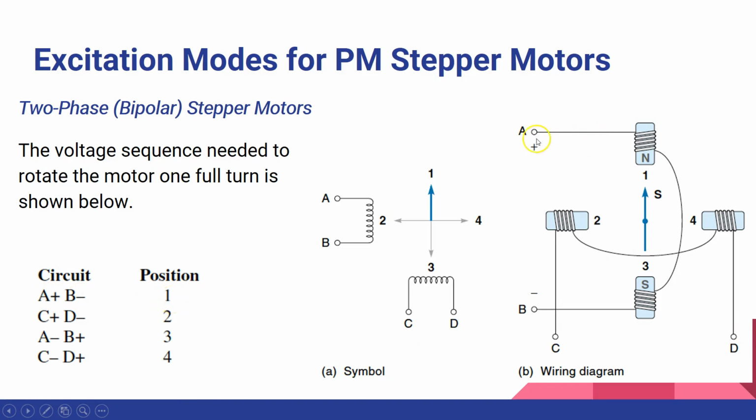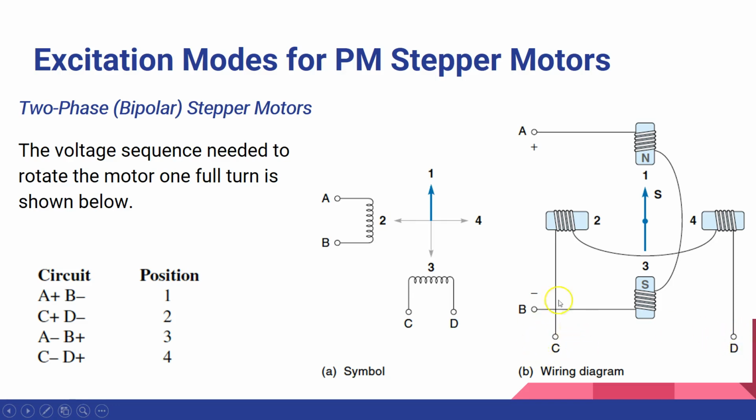In that position, when the current flows in this direction and then leaves from here, the rotor will face coil 1. And then the second mode is when C is plus and D is negative. When C is positive, this becomes positive and this becomes negative.